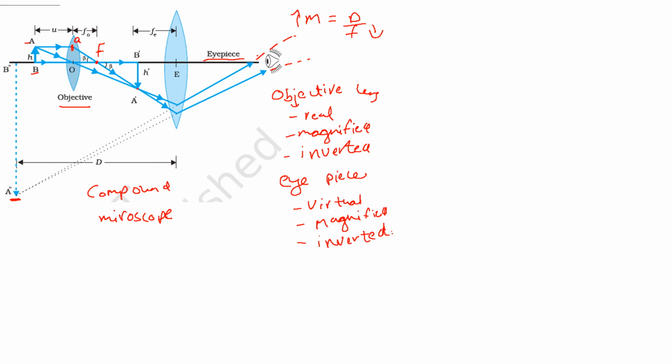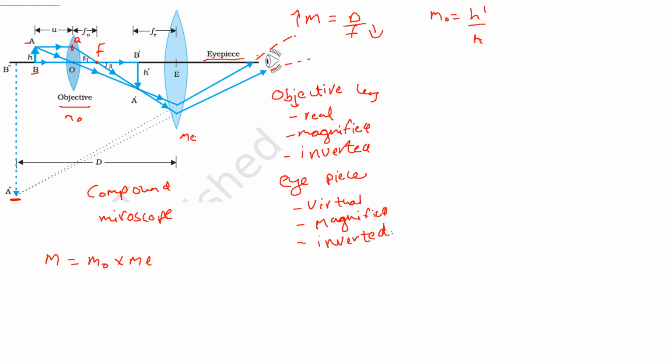Now if you want to find the magnification of compound microscope, we will write M. Total magnification is the multiplication of both magnifications, that is MO into ME. MO is the magnification of objective lens and ME is the magnification of eyepiece. First we'll find MO, which is given by h dash upon h, the linear magnification.